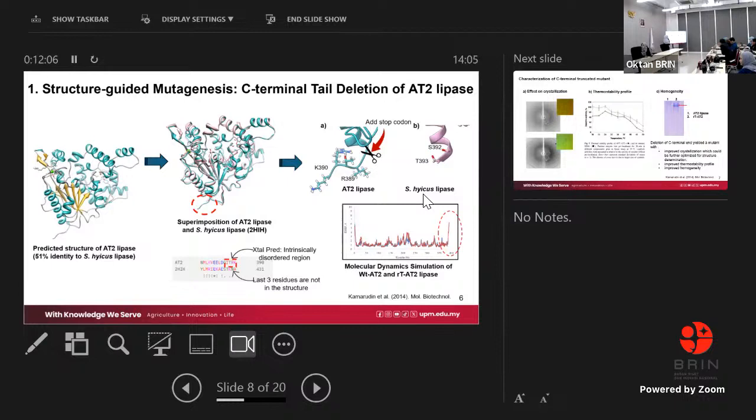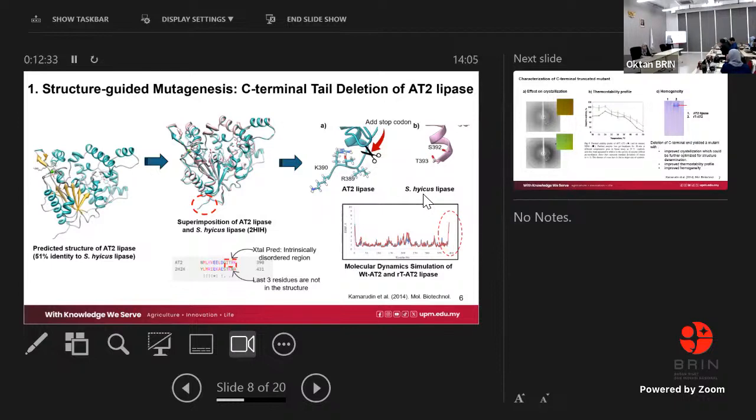So what we did next is we added a stop codon, just a simple structural modification, at the C-terminal end of the enzyme. So we removed 4 residues, and then we ran a simulation to check what happens if we remove the C-terminal end.